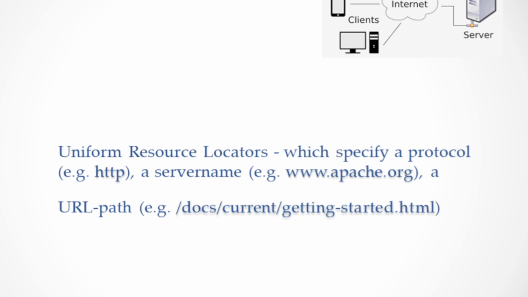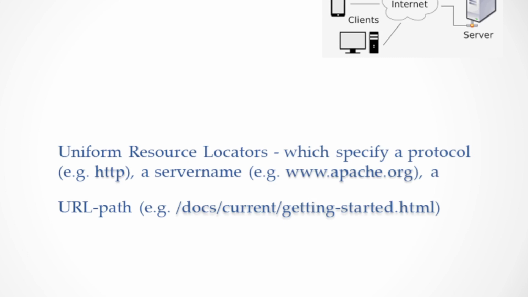So what is a client? Client is generally a web browser. So when you type something on your address bar, the browser sends a request through the URL, and this URL hits the web server, and the web server sends a response.